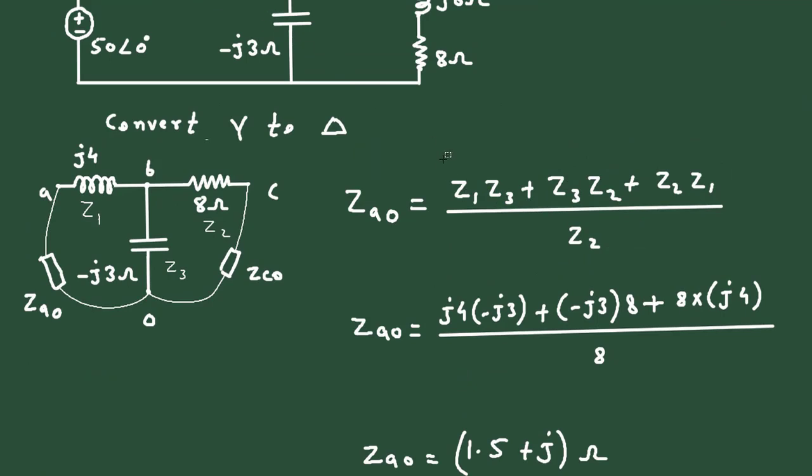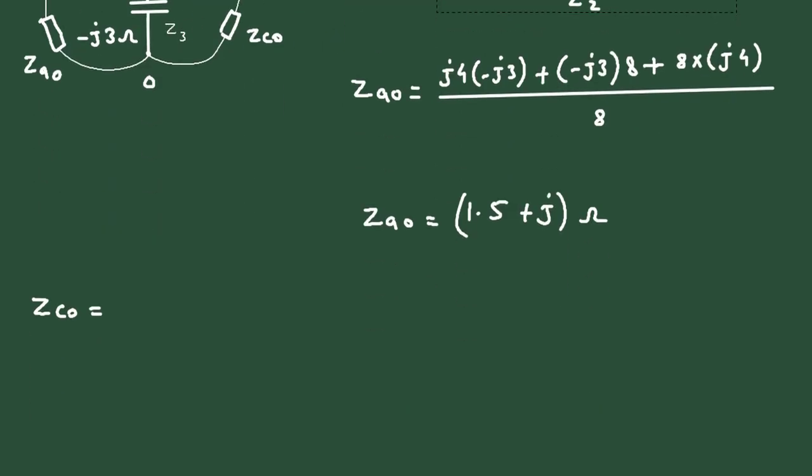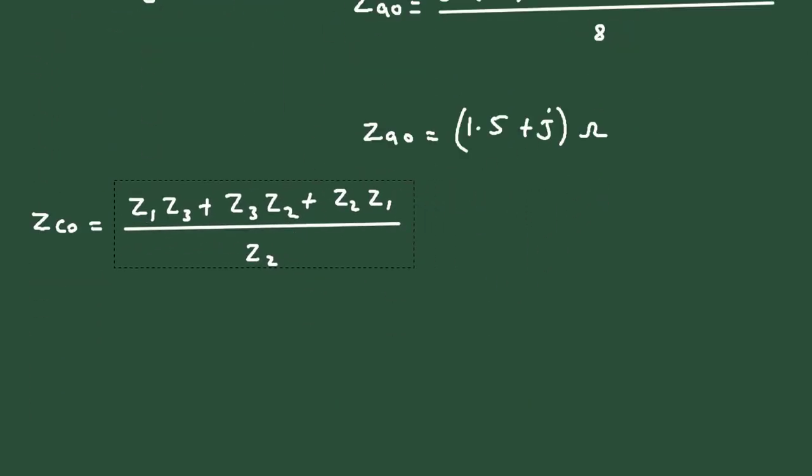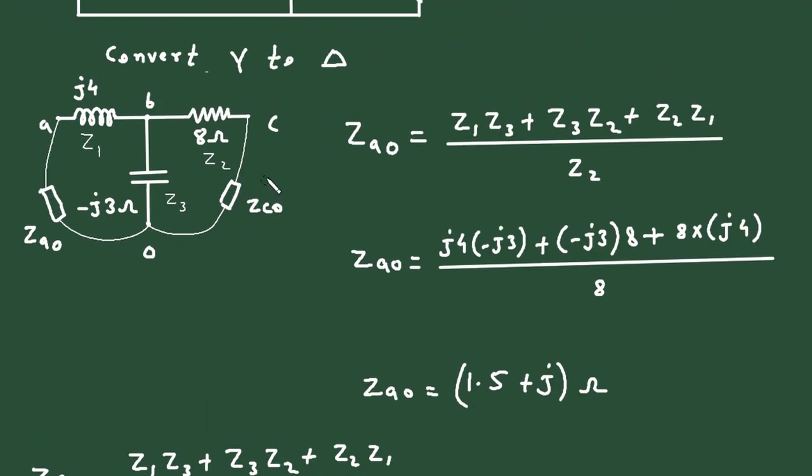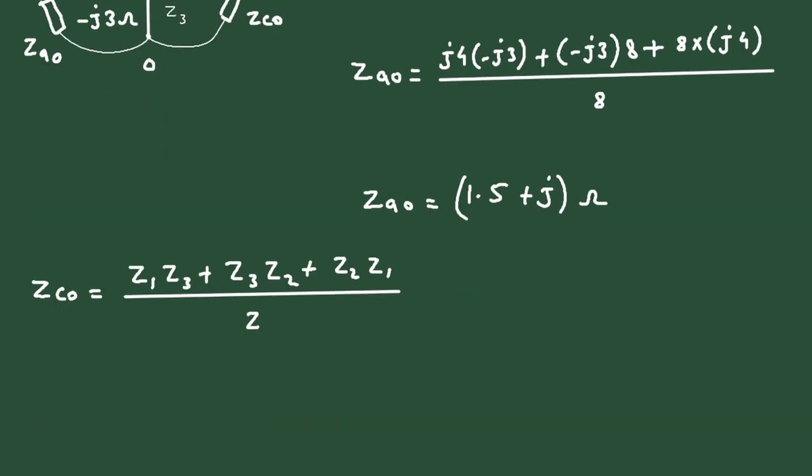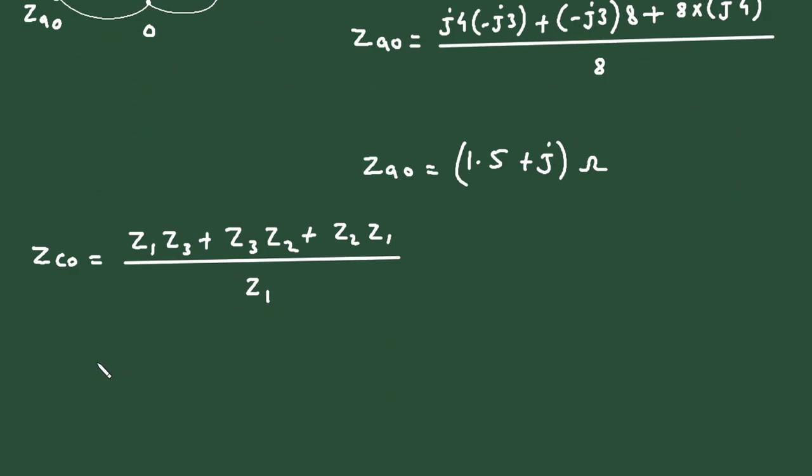So same formula, just we have to replace the denominator part. The denominator for this ZCO will be this Z1.